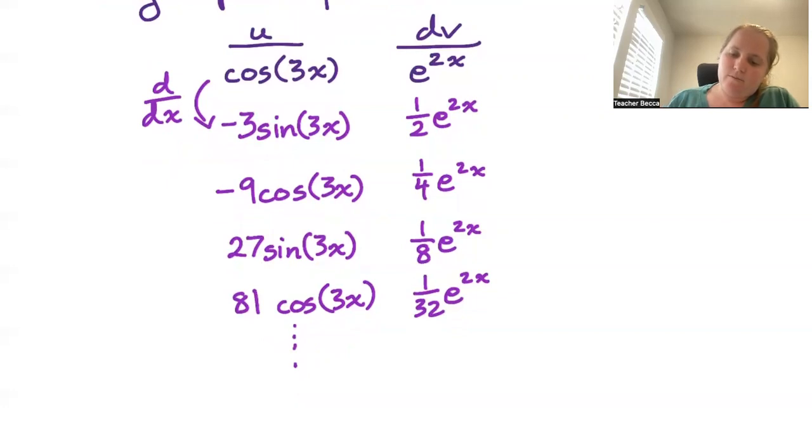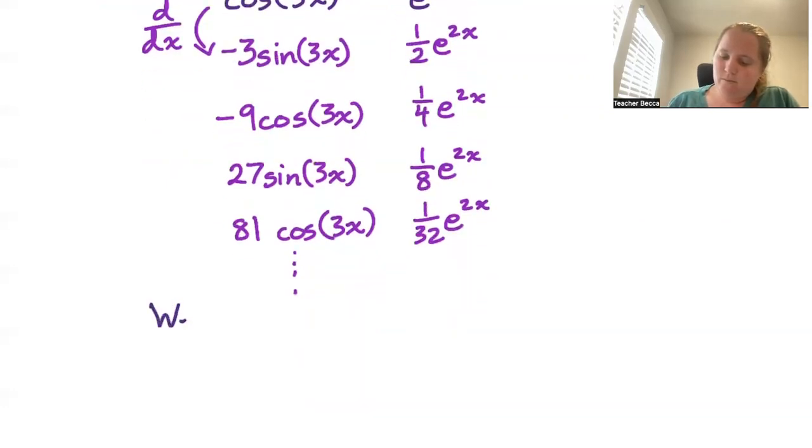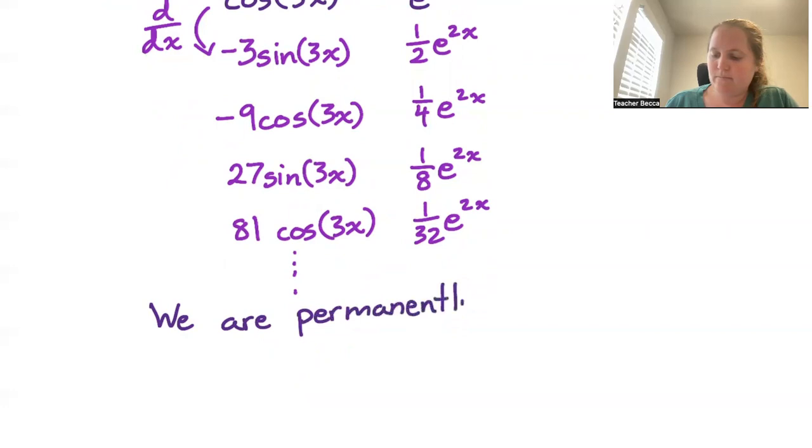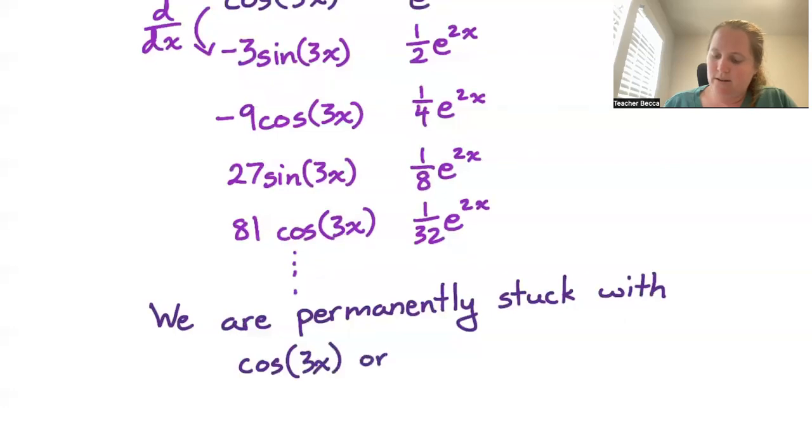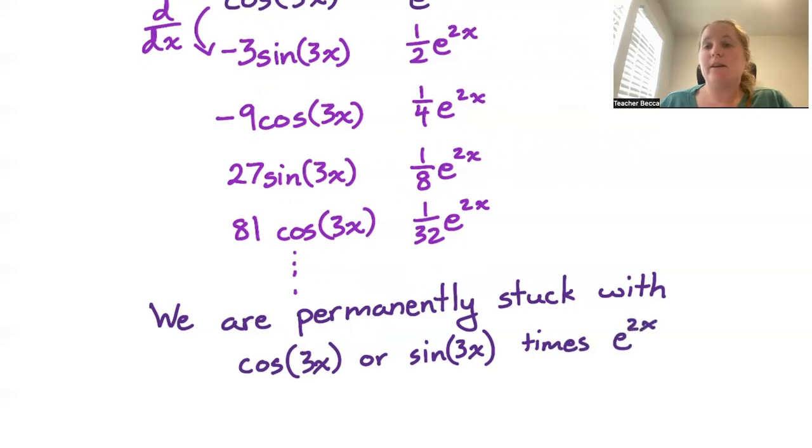So we are permanently stuck with cosine 3x or sine 3x times e to the 2x. That's not particularly helpful when you want your rapid repeated to end.